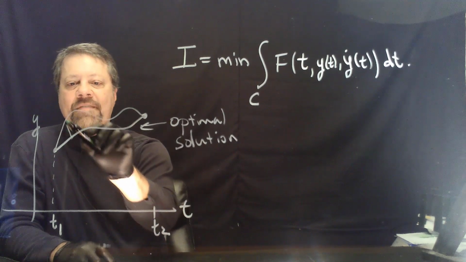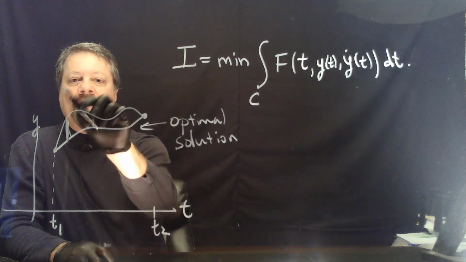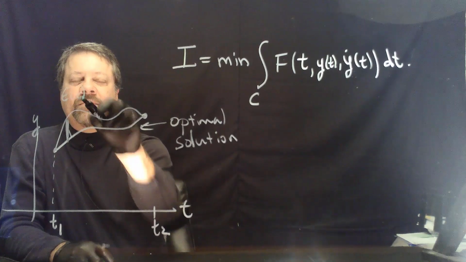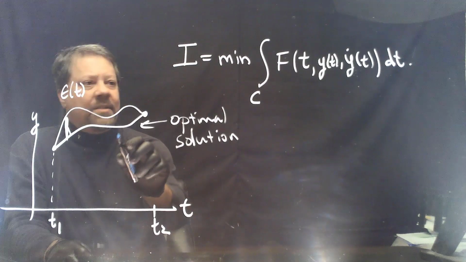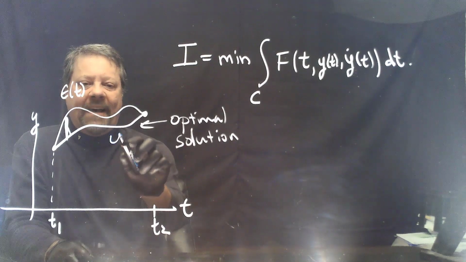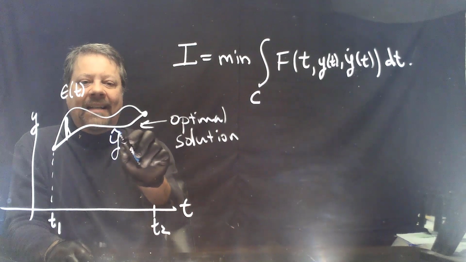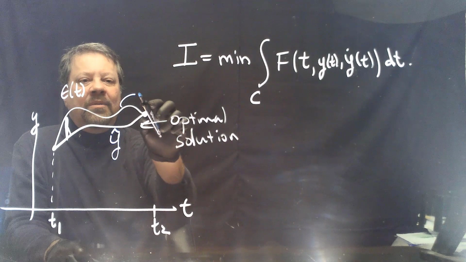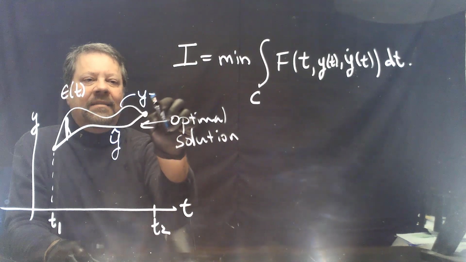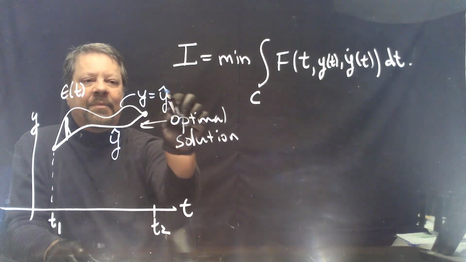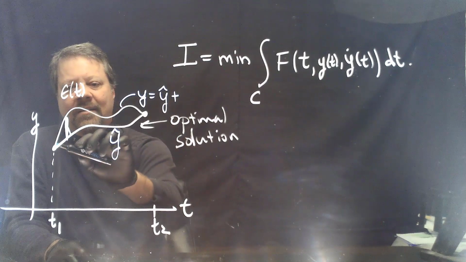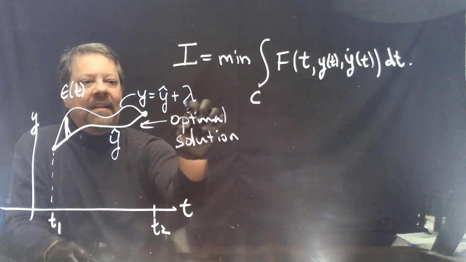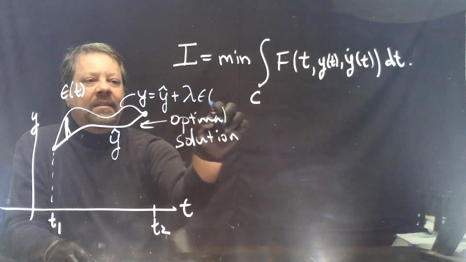We'll deviate by some amount called epsilon. Let's suppose that we denote our optimal path by y hat. This less than optimal path we'll denote by y. It's going to be the optimal path plus some scalar lambda times this little error.